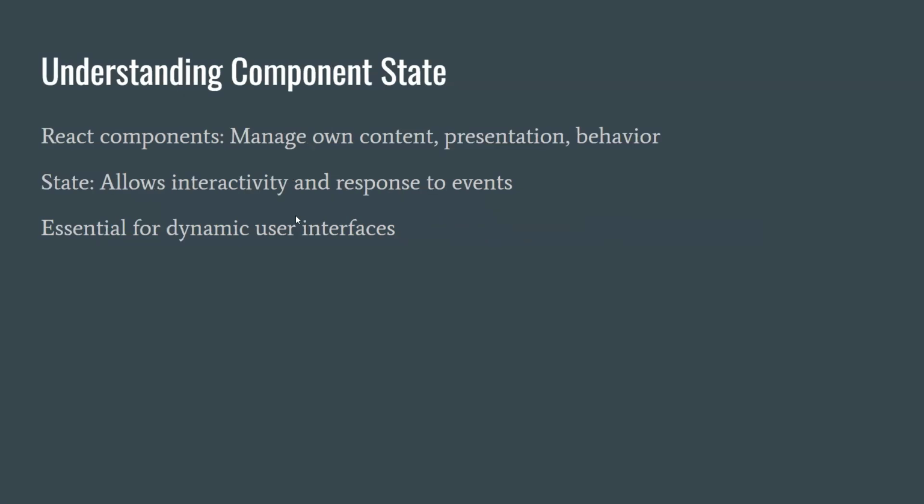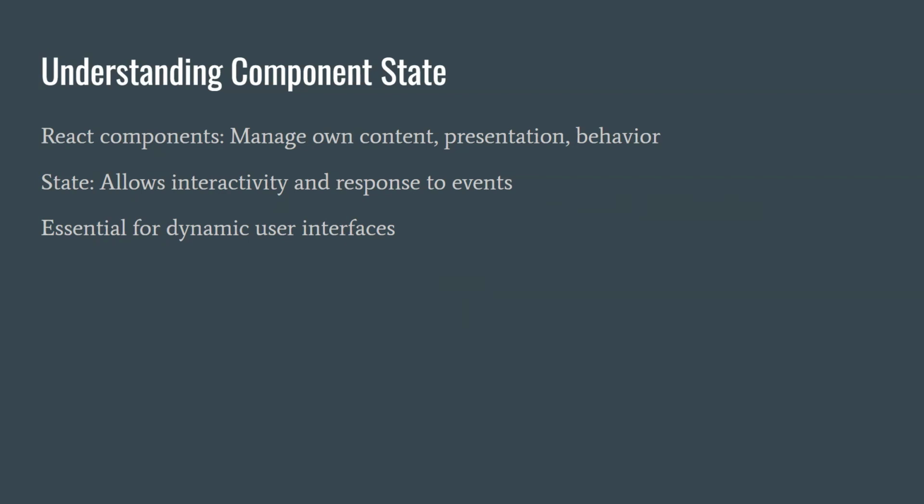Understanding component state. So at its core, React is about building reusable components that manage their own content, presentation, and behavior. In order for these components to be interactive, they need to react to user inputs and server responses and other potential dynamic events.